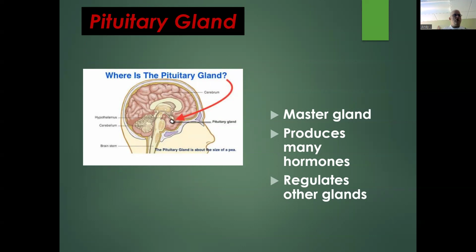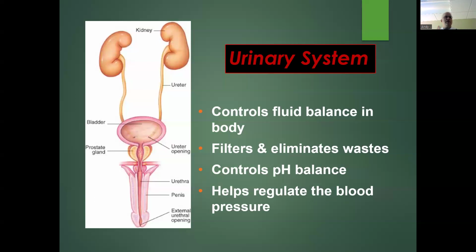All right. So moving into the urinary system, which is a big portion of controlling this. We know the kidneys are there to filter our blood and remove fluids and balance, and controls that fluid balance in our body.